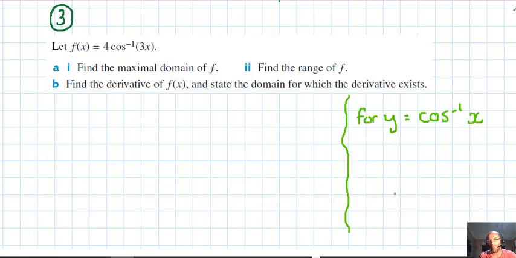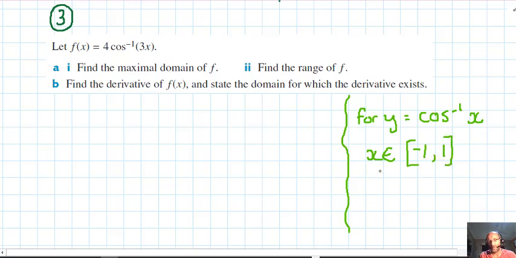Now, from all of our previous work, we know that in general, for y equals inverse cos of x, the domain of x is the same as the range for y equals cos x. So the domain for inverse cos is from -1 to 1 inclusive.